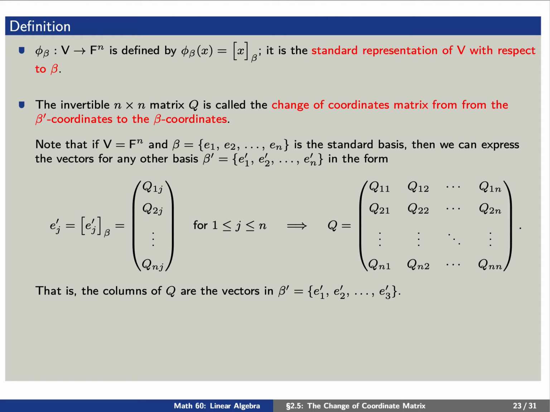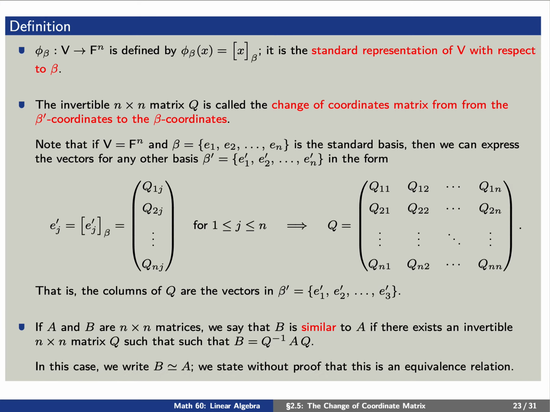Let's say that the coordinates of e sub j prime are q sub 1j, q sub 2j, all the way down through q sub nj. Again, this will be the representation in the standard basis. Then our matrix Q we find by simply placing each of these vectors as the columns of our new matrix Q.